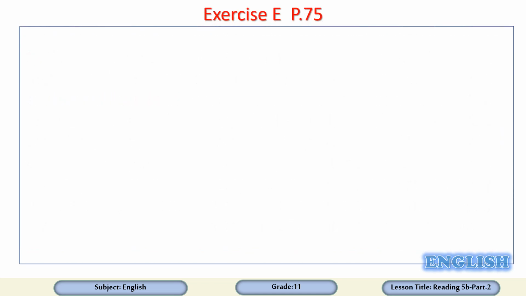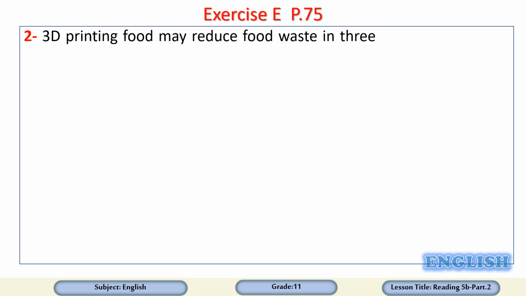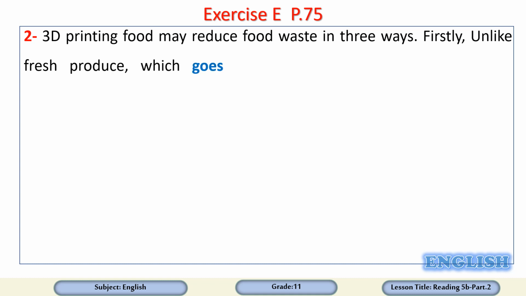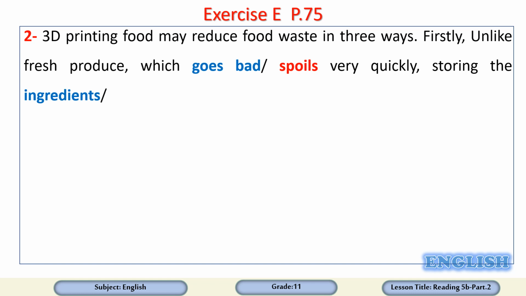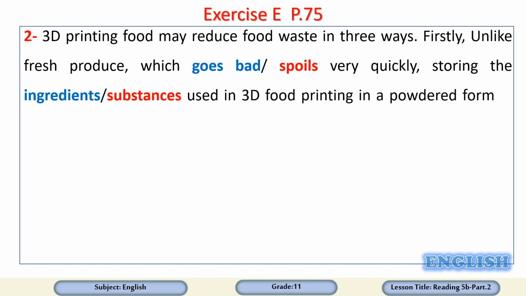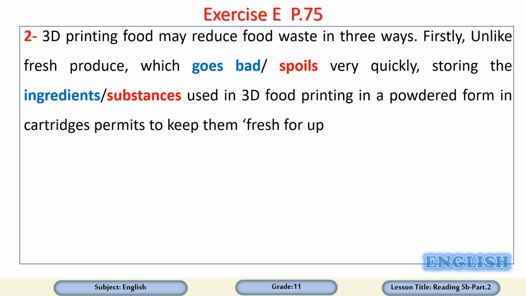This is the answer for question 2. 3D printing food may reduce food waste in 3 ways. Firstly, unlike fresh produce which goes bad very quickly, storing the ingredients used in 3D food printing in a powdered form in cartridges permits us to keep them fresh for up to 30 years.